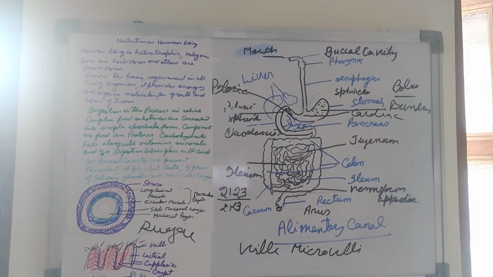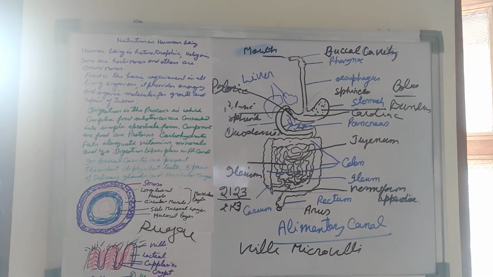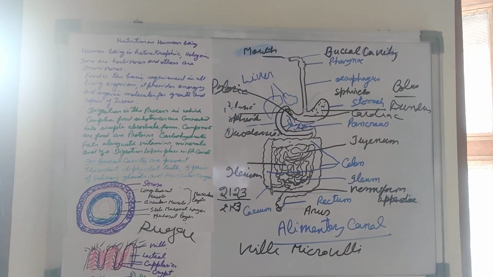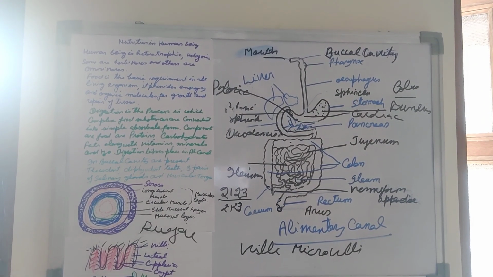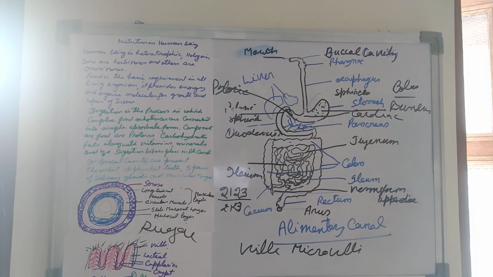Then the pancreas releases pancreatic juice into the duodenum by the pancreatic duct along with bile juice. The bile duct and pancreatic duct form a common duct at the opening of the duodenum, called the hepatopancreatic duct. With the help of the hepatopancreatic duct, bile juice and pancreatic juice are released into the duodenum.